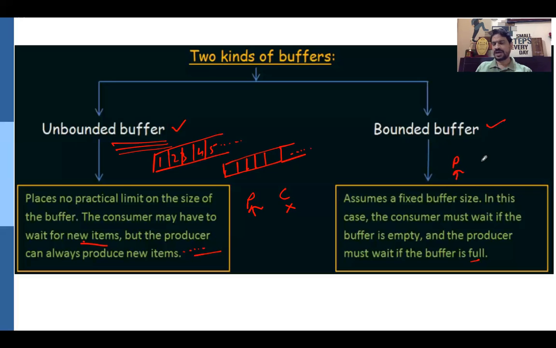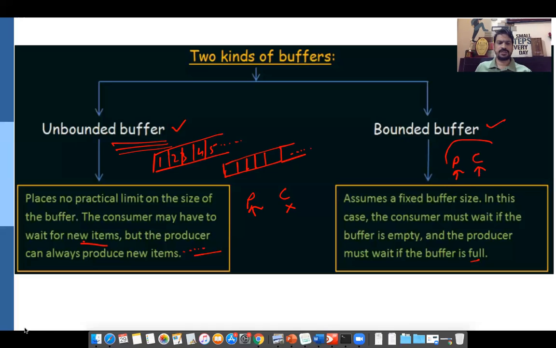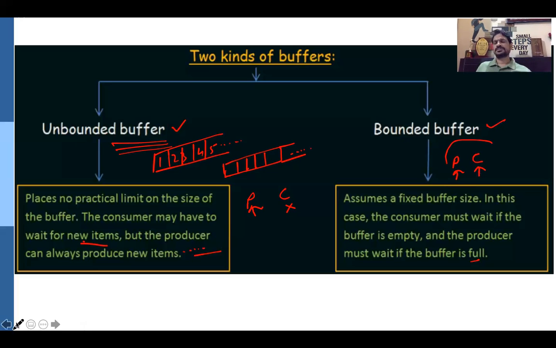Then the consumer will come and consume items, and again the consumer is not going to work because it is empty. So in that model, both the producer and consumer can get the CPU and work cooperatively.